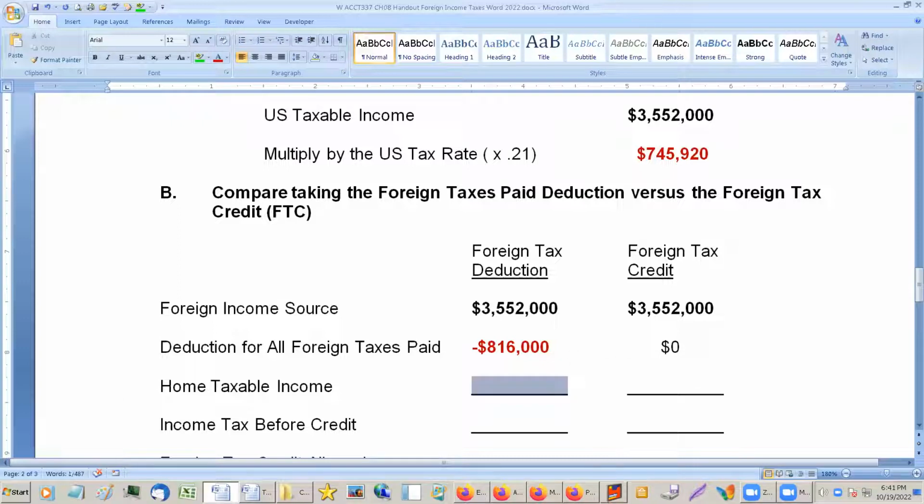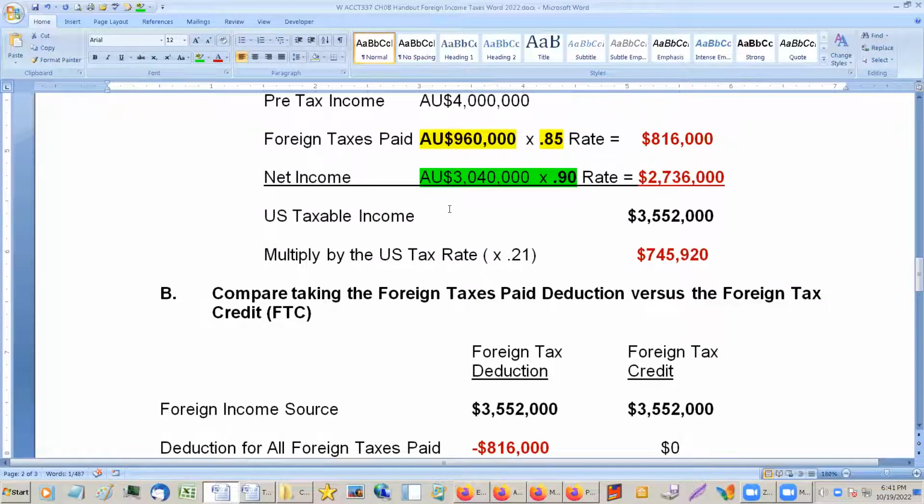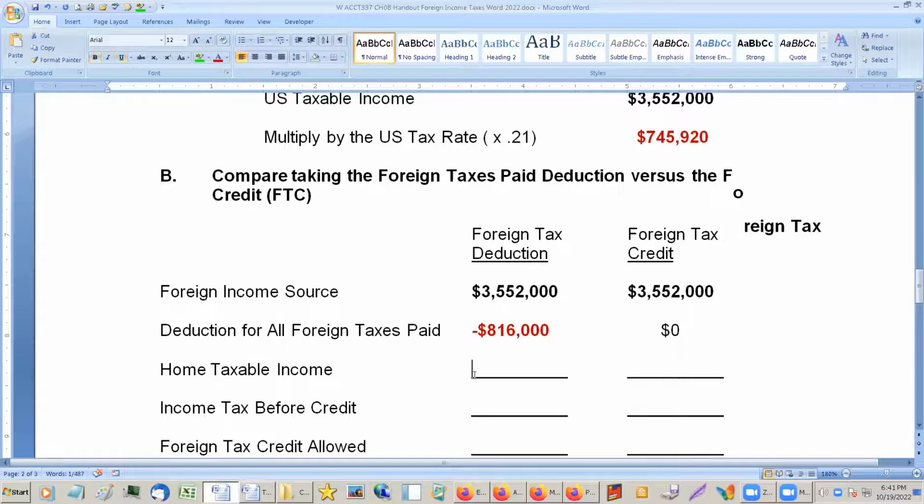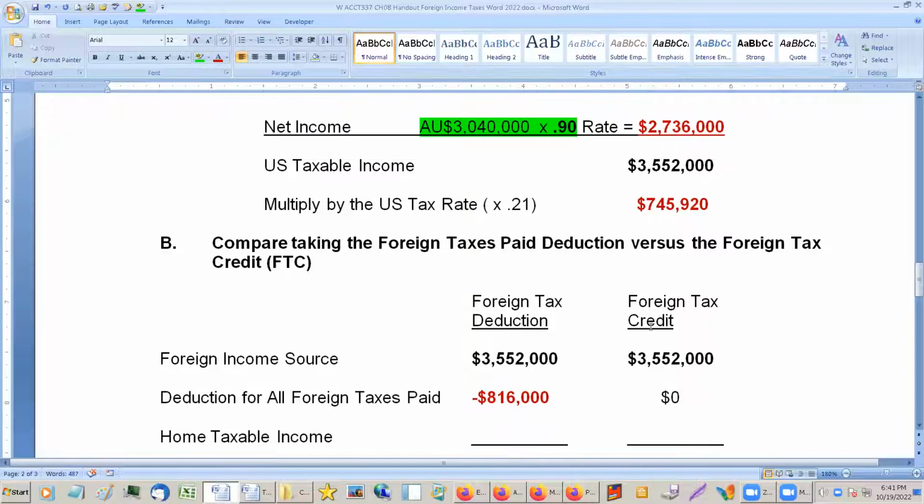Okay, so home taxable income should just be this, 2736. Well, that's way better. Yeah, it has to be in right. 27, yeah, same number.